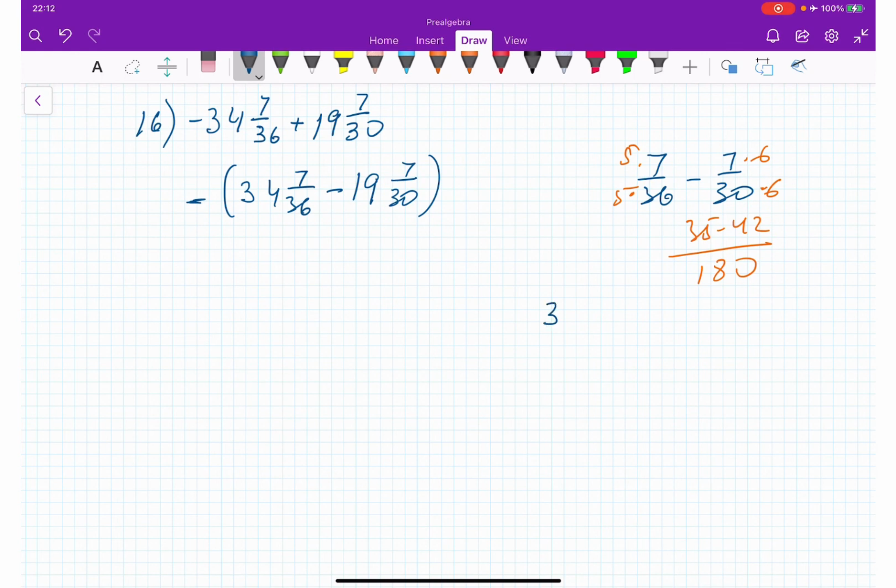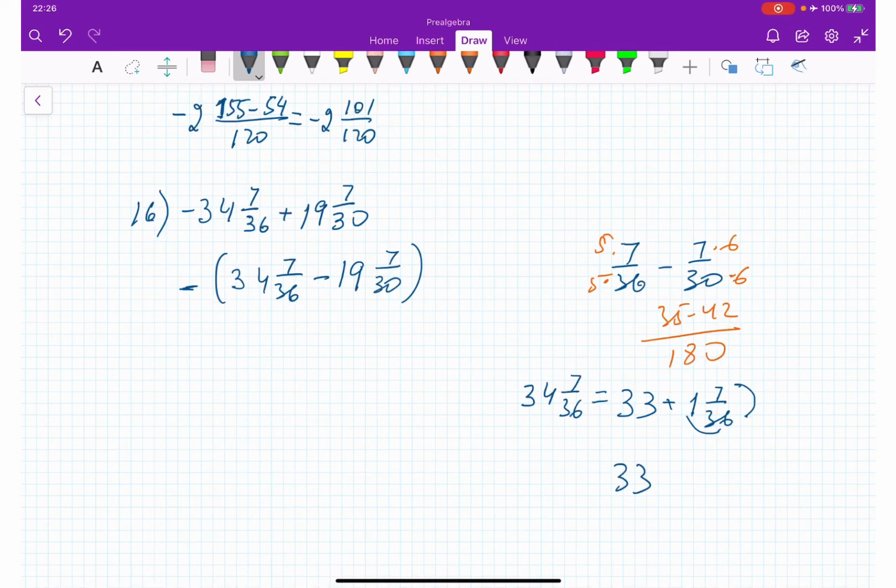So 34 and 7 over 36, I'm representing as 33 plus 1 and 7 over 36, which is going to be 33 and 36 plus 7 is going to be 43 over 36. Okay, so from here we have negative 34 minus 19. Oh, hold on, I haven't written.